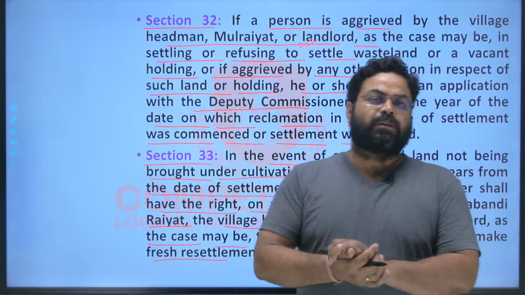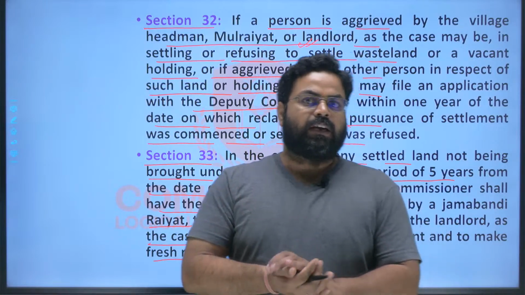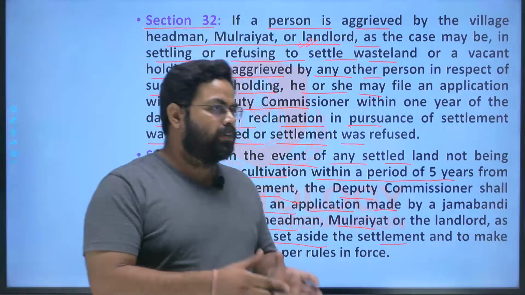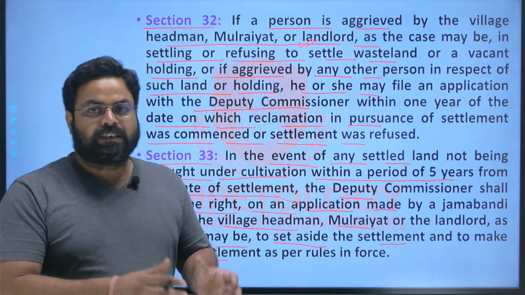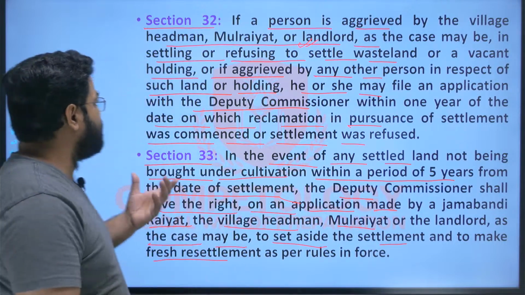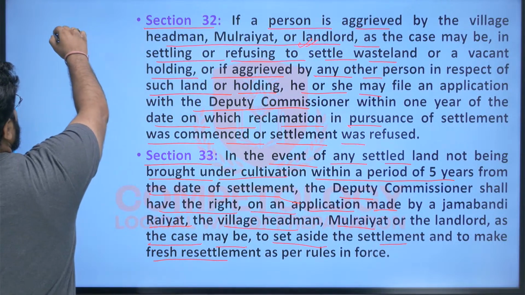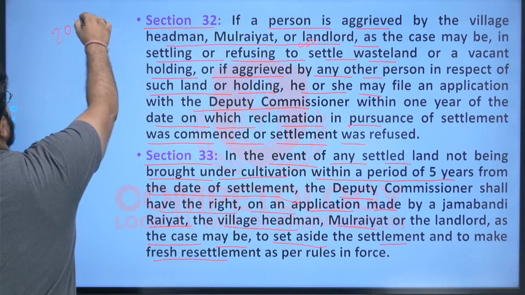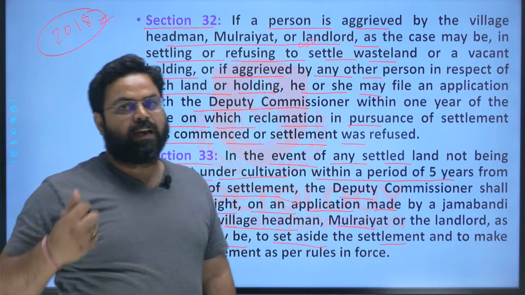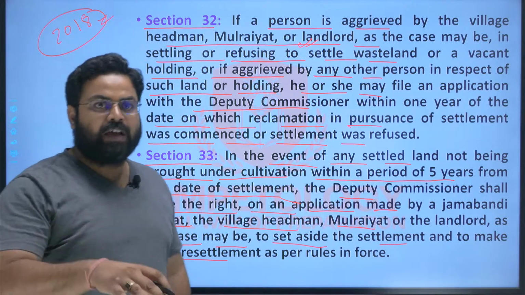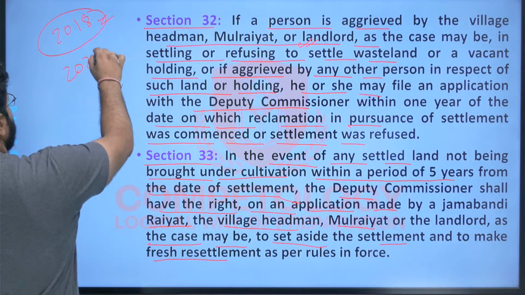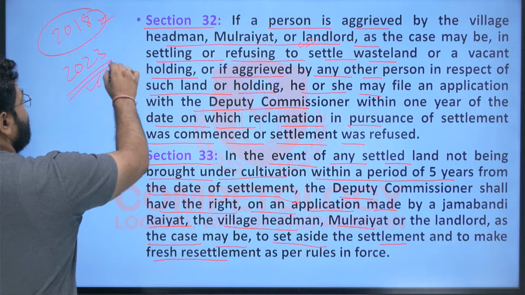So suppose that some person has taken the land under the settlement system, that land was vacant earlier and at present that land is settled with him, but he is not cultivating that land. Suppose that he had received that land in 2018 under the settlement system, that land was vacant land or the wasteland, he received the land and he should have cultivated that land, but by 2023 he has not started the cultivation of the land.